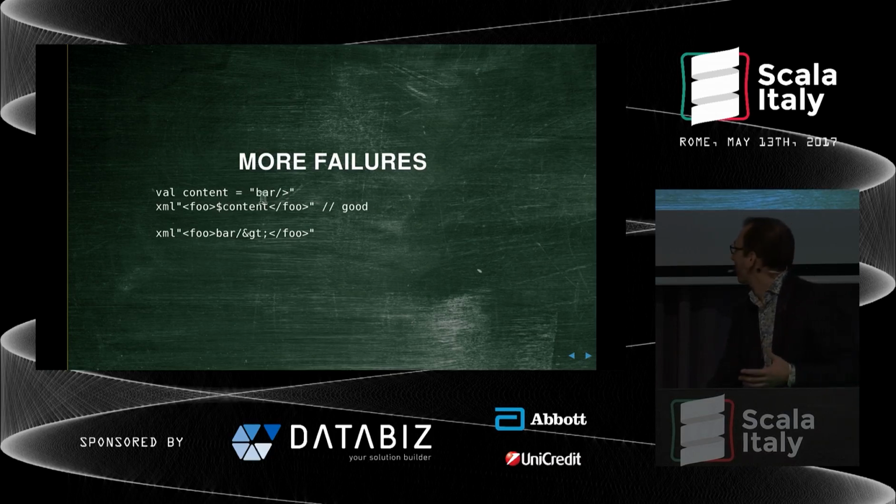Because then we're putting invalid characters in content here. Well, it would interpret that like this, and because it knows the valid escaping rules for that position in the XML, it is safe to convert that to an ampersand GT semicolon, and this remains valid XML.